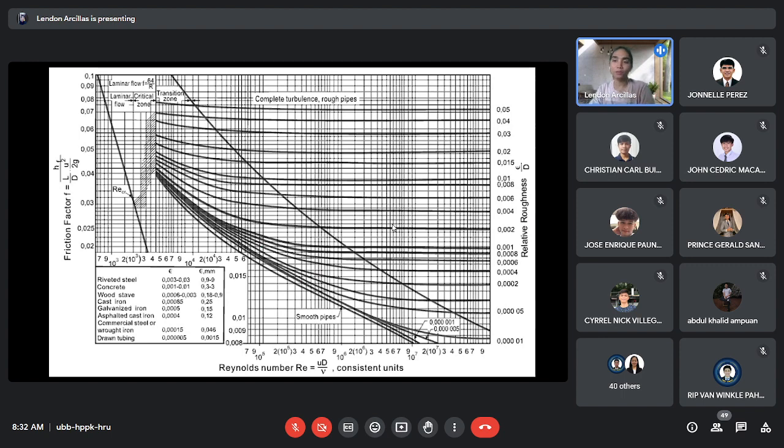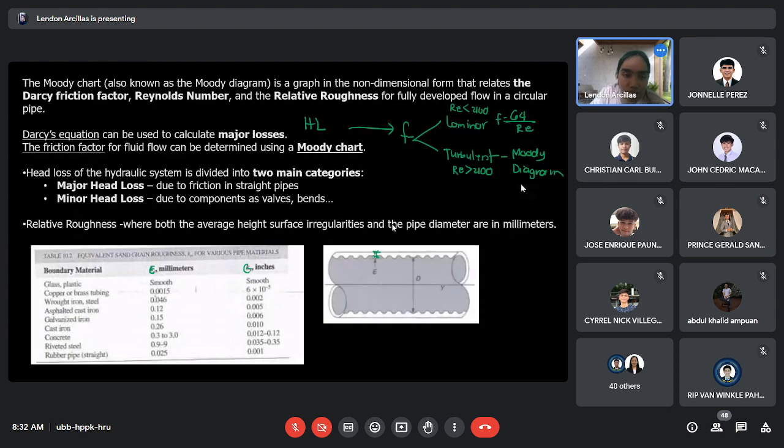Ito pala yung sinasabi kong Moody chart. So, how do we use the Moody chart? Kailangan lang ng Reynolds number. Ito yung nasa below ng chart, and the right side of the chart is the relative roughness. Relative roughness is equal to the epsilon over the diameter of the pipe.